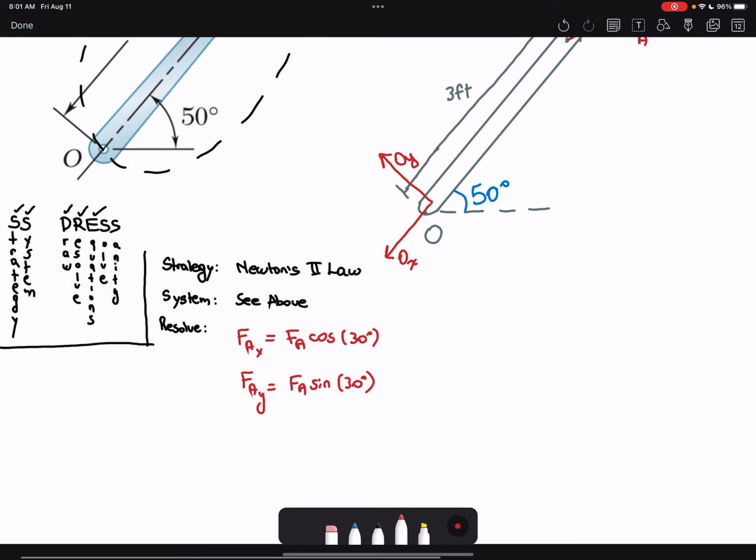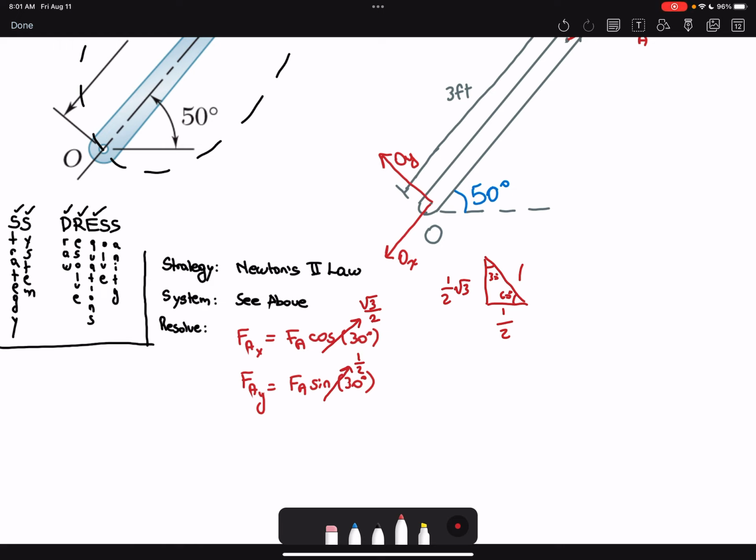Now, if you remember our triangle and unit circle, if this is a 30, this is a 60, the sine is going to be a half, and so this is going to be 1/2, and the cosine of 30 is going to be square root of 3/2.